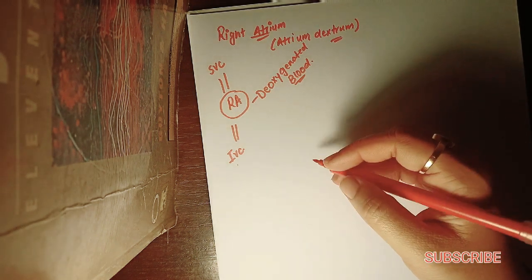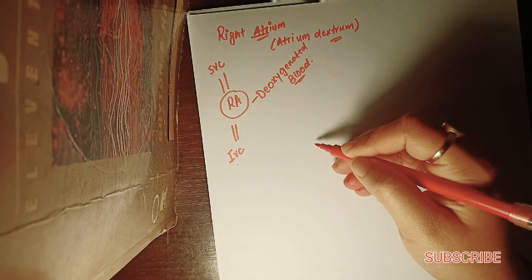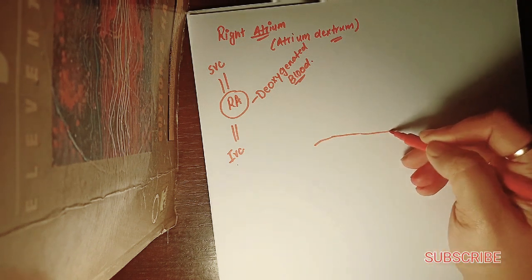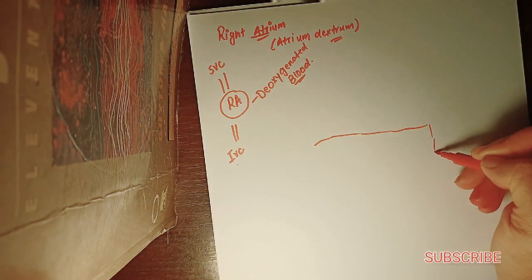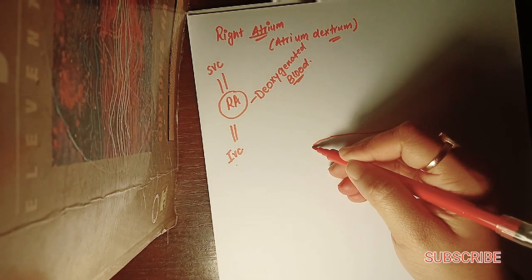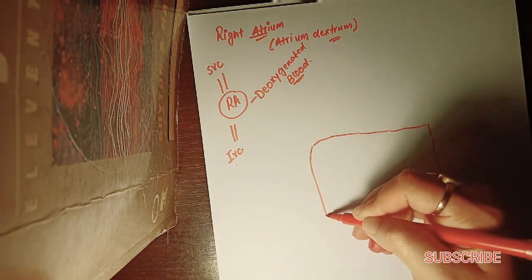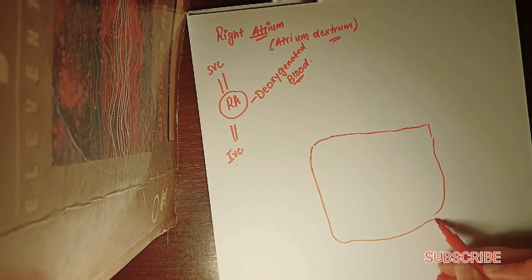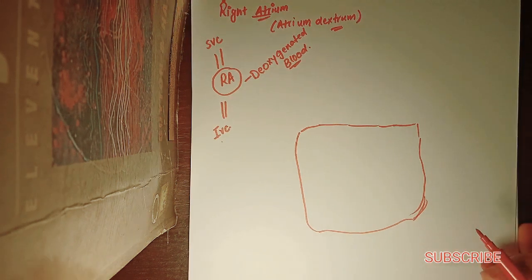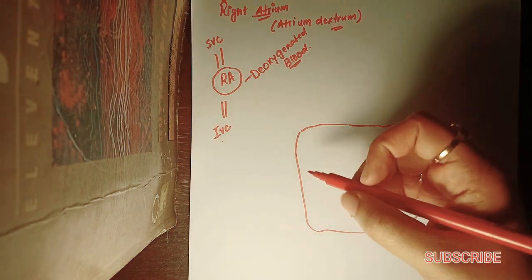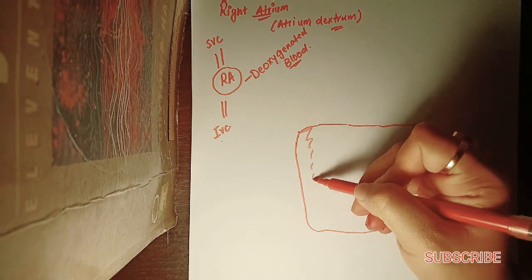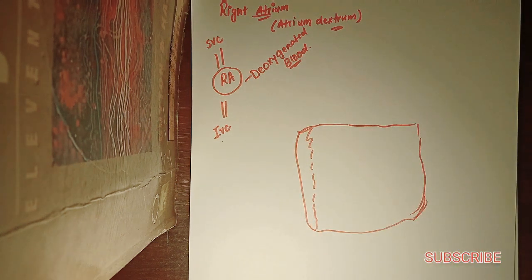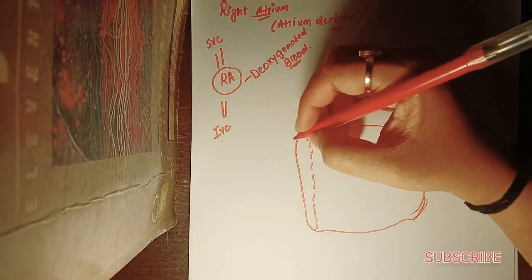Here I will draw a diagram. Think that this is the right atrium, and here we have the muscles. First question: which muscles are included in the right atrium?